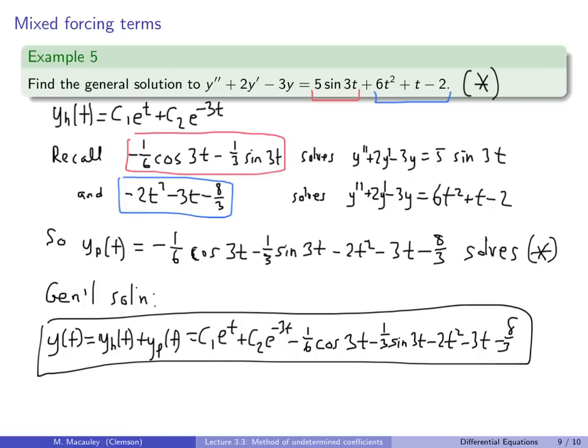So if instead of these exact numbers, 5 and 6, 1, and negative 2, we had scalar multiples of this, say 10 sine of 3t and maybe something else times this polynomial, then our particular solution would just be that linear combination of this guy and that guy.